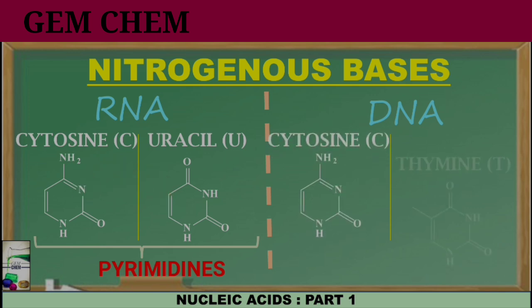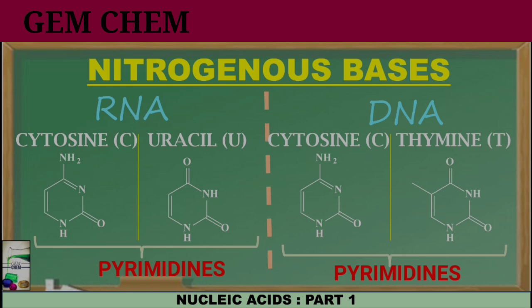So, the bases present in DNA are cytosine and thymine, and in thymine you can see that there is an extra CH3. So, these 2 bases are different in case of RNA and DNA, and these are also pyrimidine bases. So, in RNA nucleosides, uracil replaces thymine, and the heterocyclic bases obtained from nucleosides are capable of existing in more than one tautomeric form. The forms which we have seen here are predominant forms. That's why they are presented in this video.